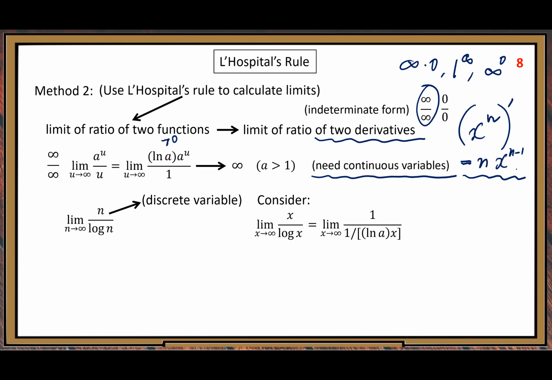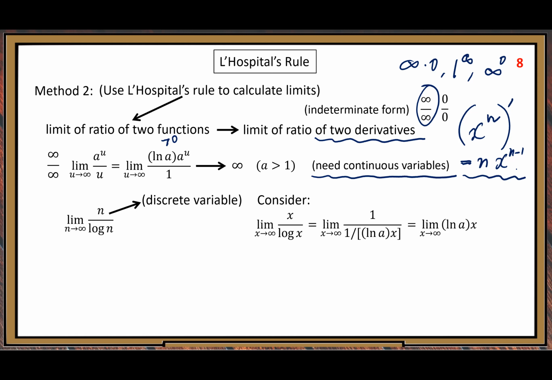For the denominator, log base a of x, the derivative formula for log is 1 over (natural log of a times x). After simplification, taking the reciprocal, we have natural log of a, a constant, times the variable x, where x goes to infinity.